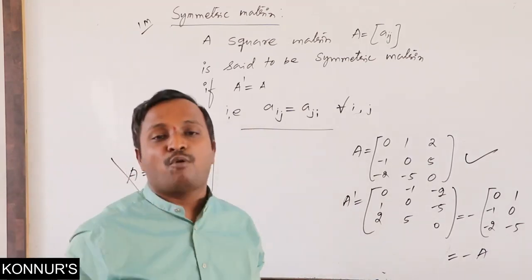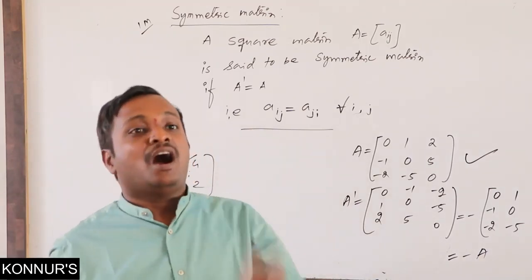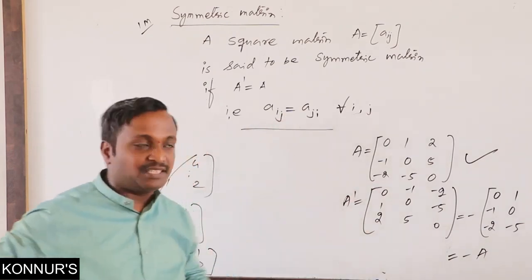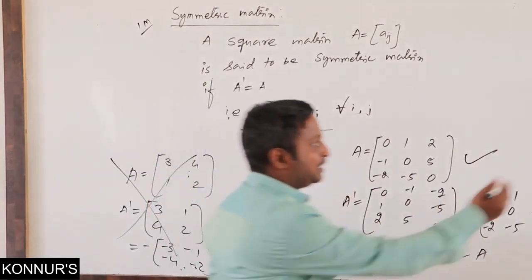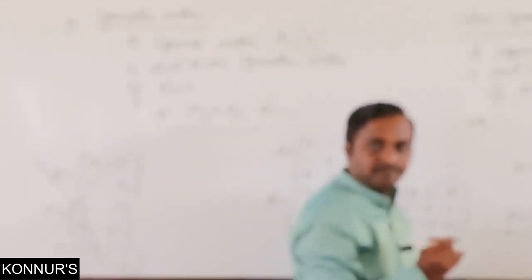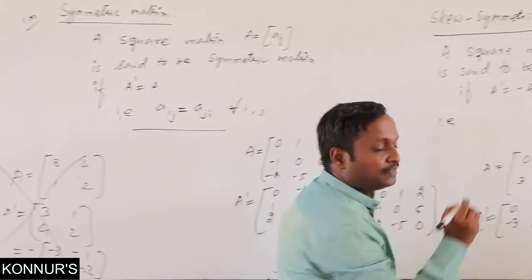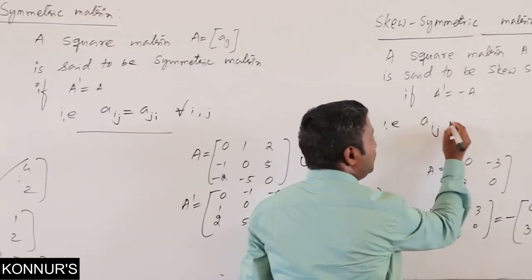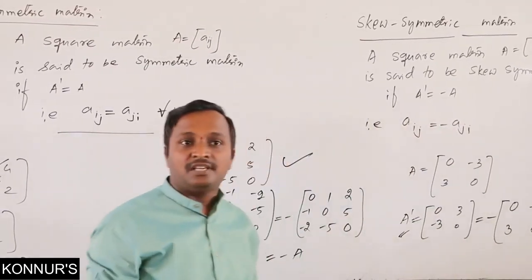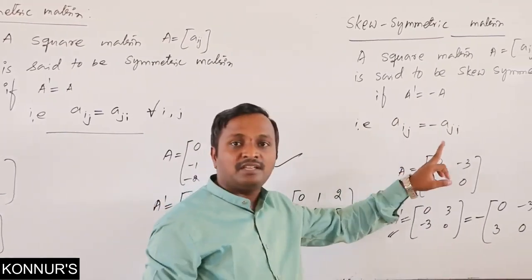I will come to the point of how to write a skew symmetric matrix. Like the previous example, a skew symmetric matrix means Aij equal to minus Aji for all i, j.